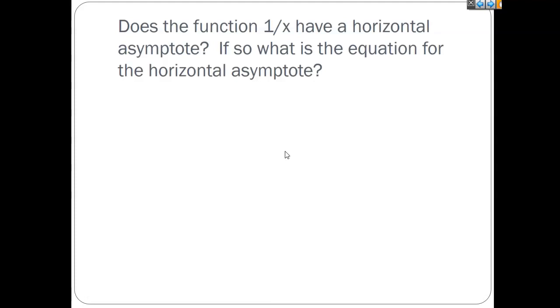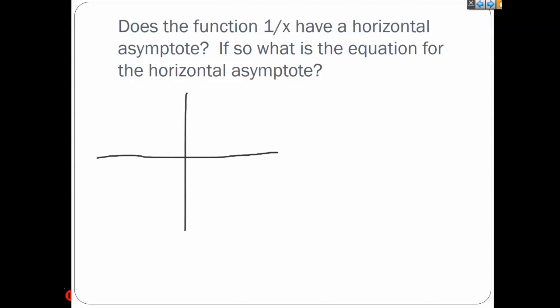All right. Today we are looking at the second part of, so does the function 1 over x have a horizontal asymptote? If so, what is the equation for the horizontal asymptote? So if you think about the function 1 over x, in our minds, we should kind of visualize this function.